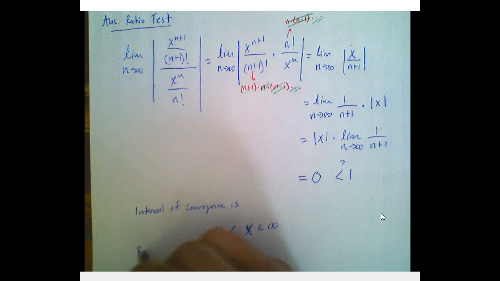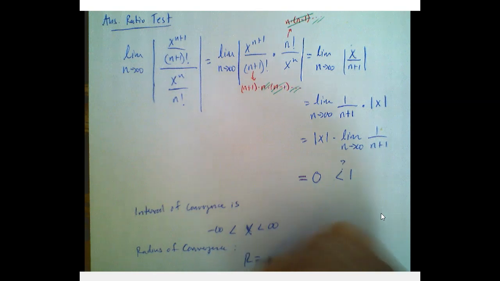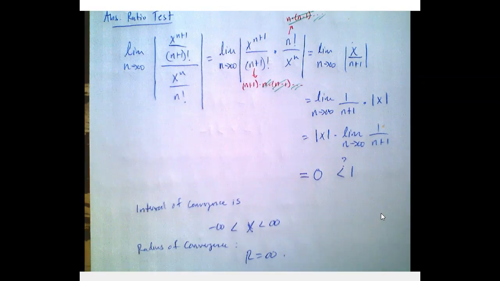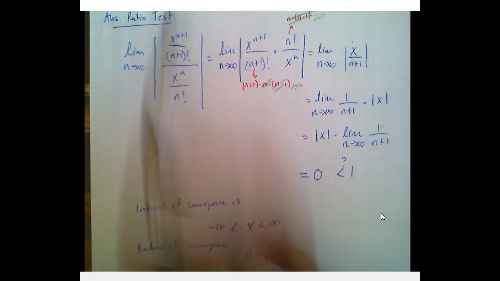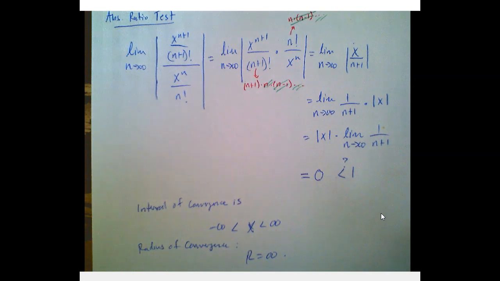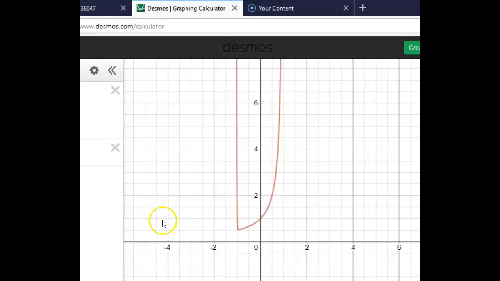And the radius, of course, R is equal to infinity. So it doesn't matter. The value of x here does not matter. You always get a sum that is finite. So let's see if we can look at that on Desmos.